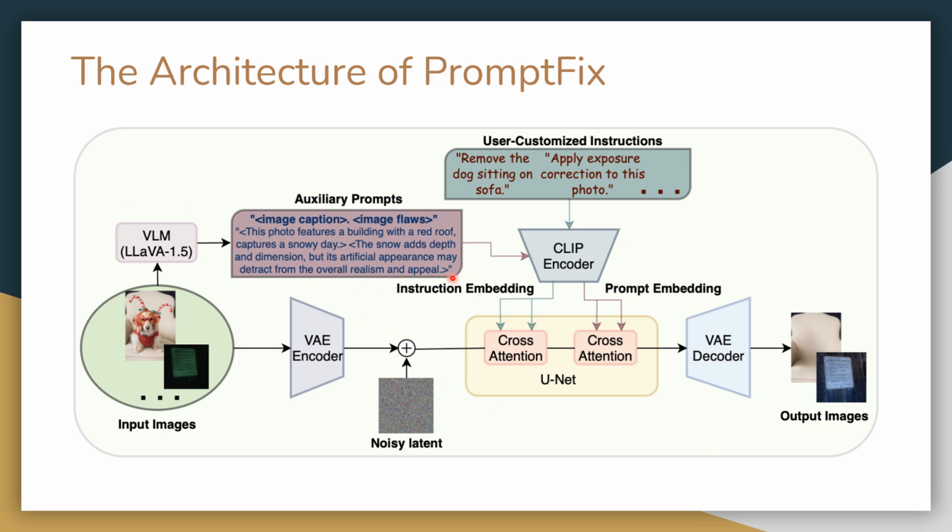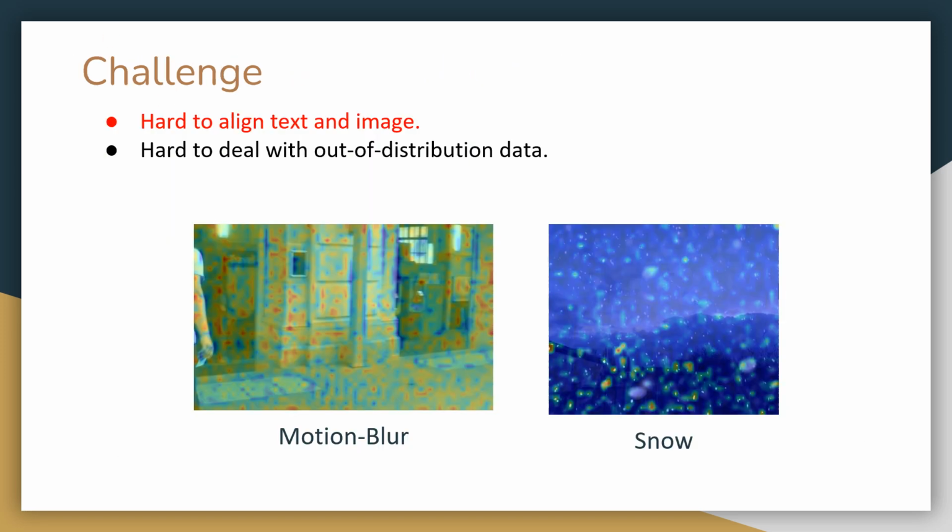Additionally, PromptFix leverages the VLM LLaVA to generate auxiliary prompts, which include semantic annotations and detailed descriptions of image degradations. This design enriches the text prompts and enhances the model's text generalization capabilities.